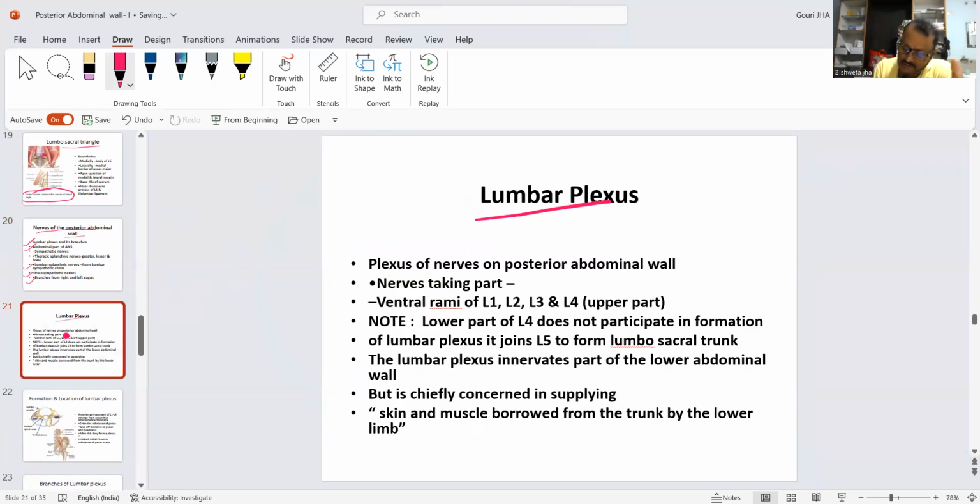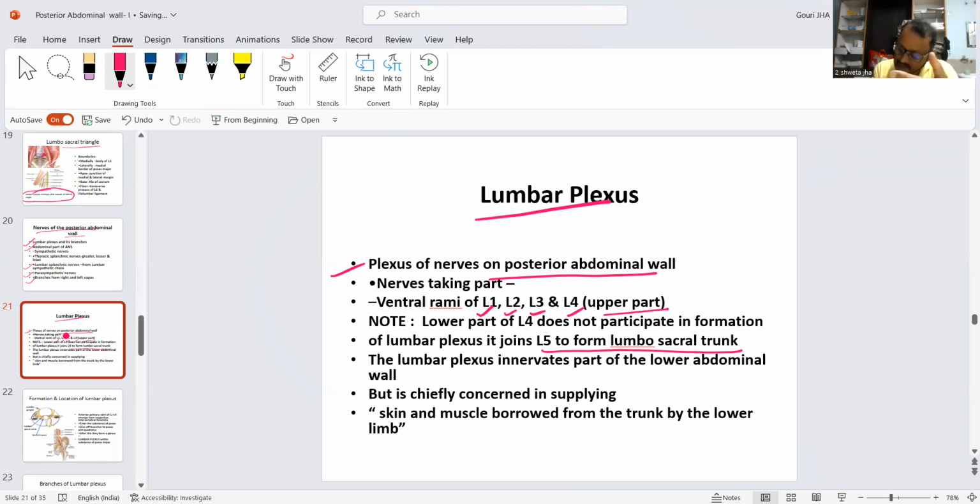this lumbar plexus, as the name suggests, is a combination of 2 or 3 or more nerves. It is the plexus of nerves on the posterior wall, formed by the ventral rami of L1, L2, L3, and the upper part of L4, because the lower part does not take part in the plexus formation, as it joins L5 to form the lumbosacral trunk with the sacral plexus.